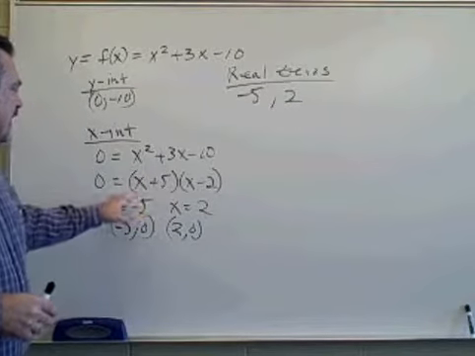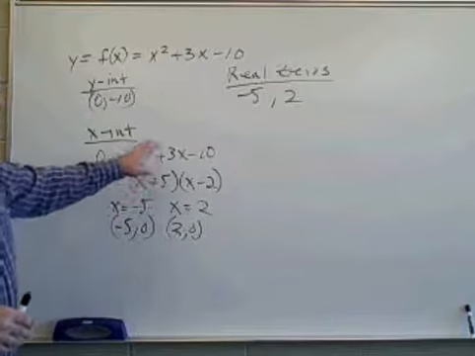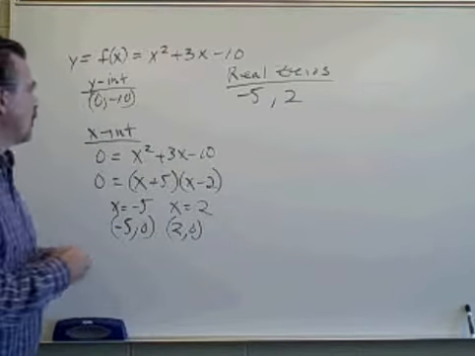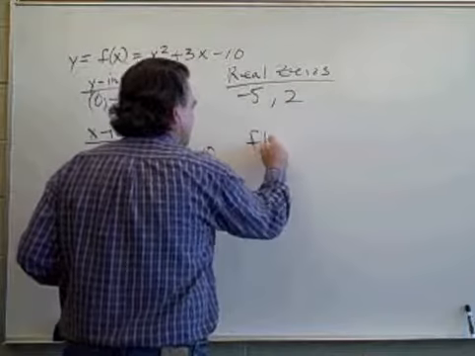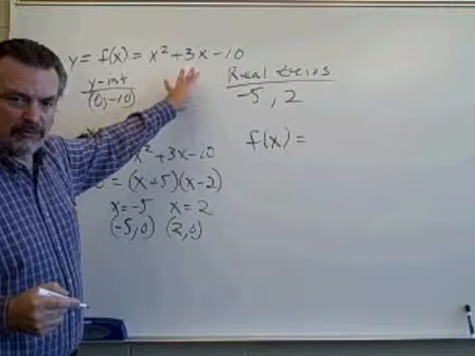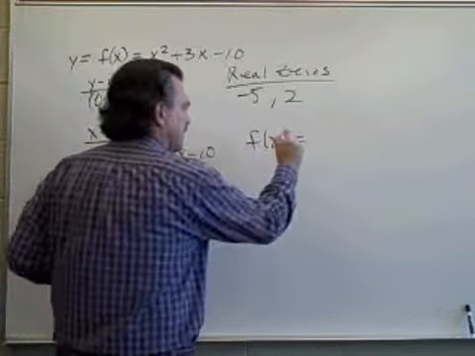Also notice that this factorization is actually then a factorization for the function, isn't it? We could express f of x either in this trinomial form, or we could express it in this factored form, could we not?